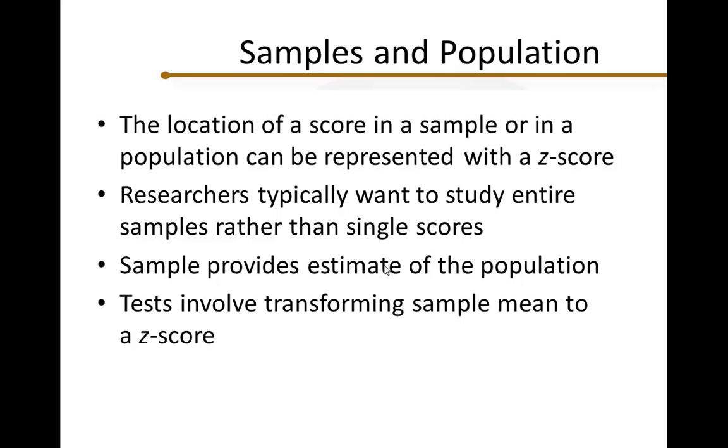Okay. The location of a score in a sample or in a population, we know, can be represented by a z-score. So researchers typically want to study entire samples rather than just looking at a single score. So a sample provides an estimate of the population, and tests involve transforming sample means to a z-score.